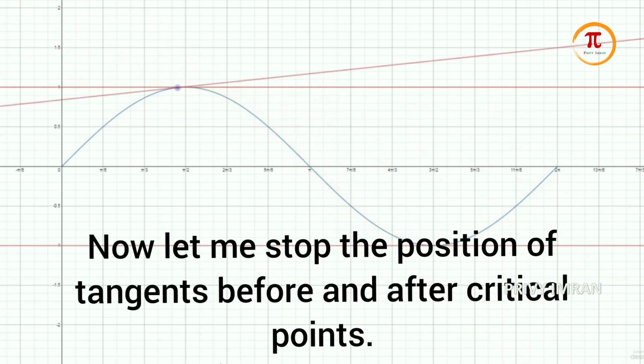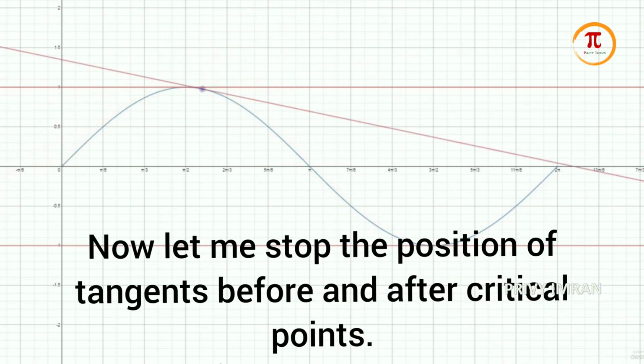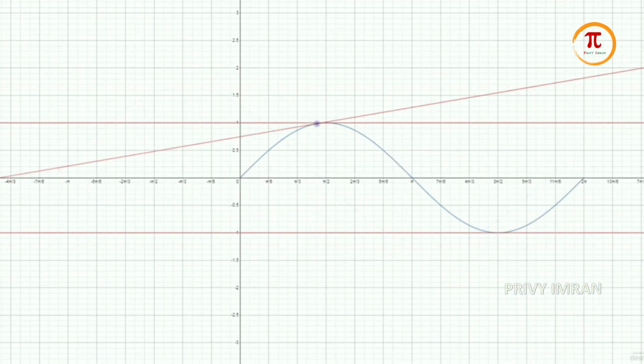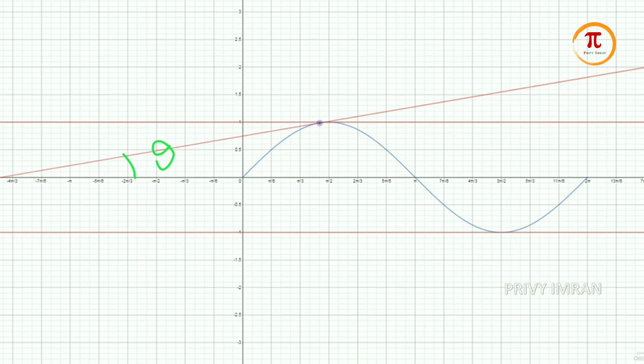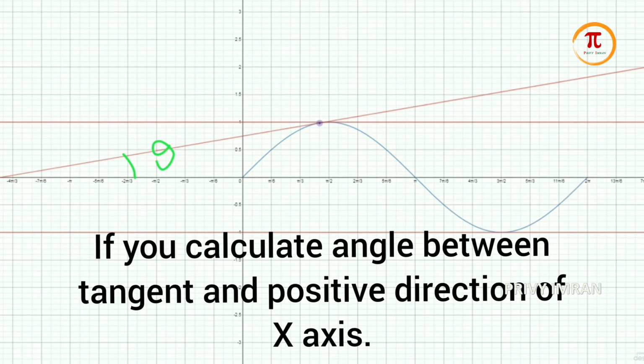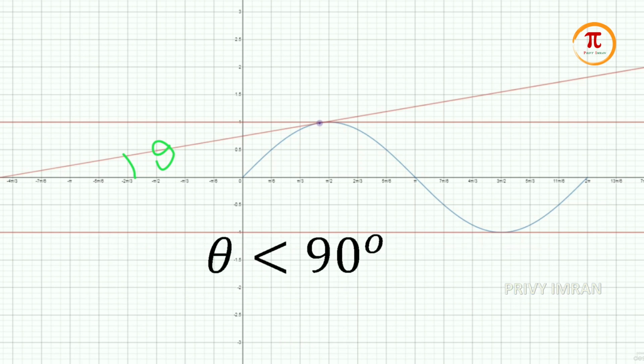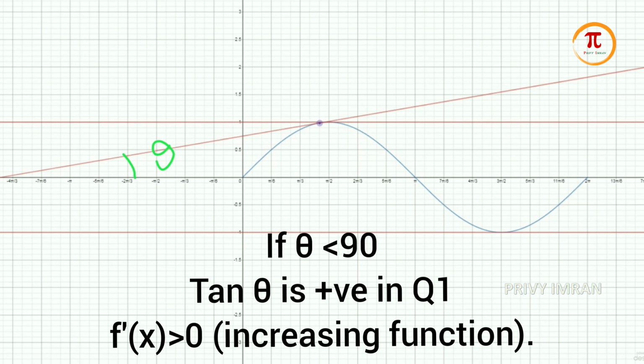Now let me observe the position of the tangent before and after critical points. Now let me observe the position of the tangent before pi by 2. If you calculate the angle between the tangent and the positive direction of x-axis, theta will be less than 90 degrees. If theta is less than 90 degrees, therefore tan theta is positive in first quadrant.